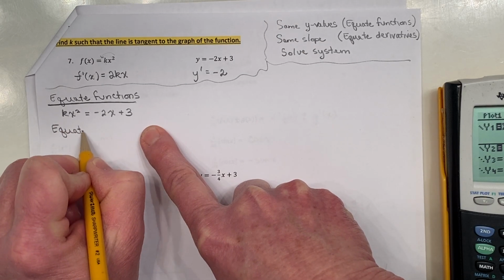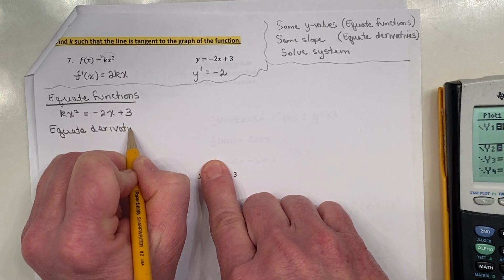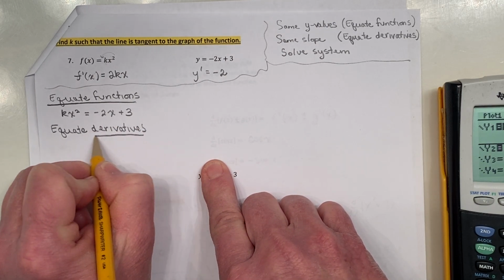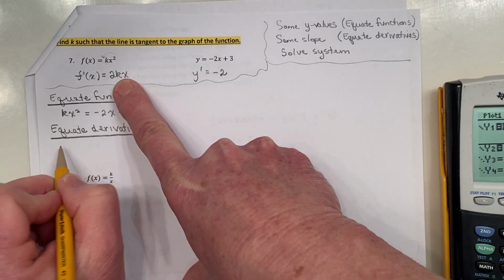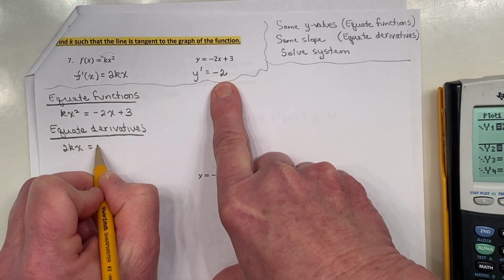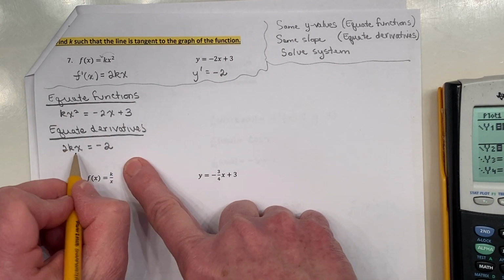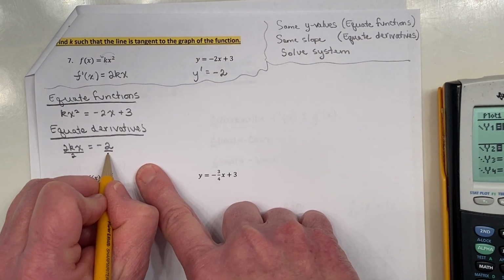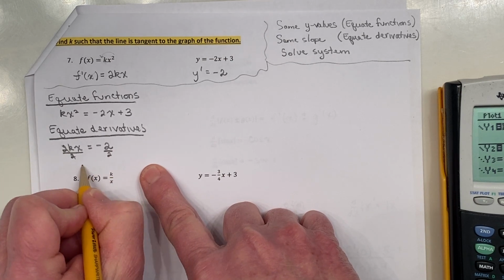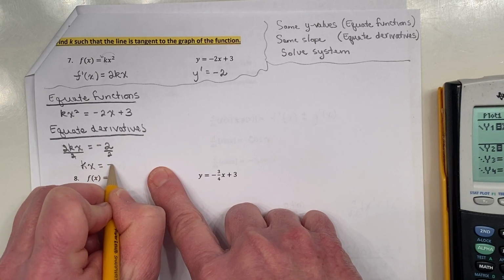Let's set the derivatives equal. Equate derivatives. So we're going to set 2kx equal to -2. I'm going to divide both sides by 2. Cleans it up a little bit. So kx is equal to -1.